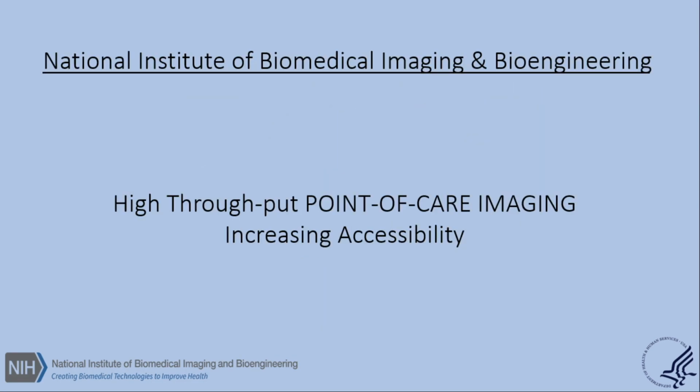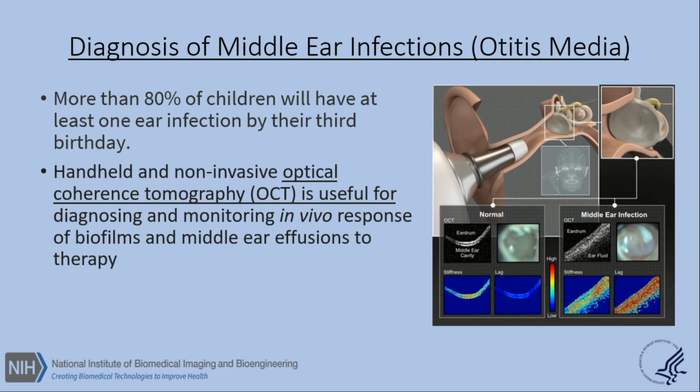Now, I'll talk a little bit. I know I'm jumping around, but purposely so, to show you the variety of things we try to do. In terms of increasing accessibility, not only for imaging, but for other systems, here we have, for example, those of you who have children know that every child gets middle ear infections called otitis media. So this is a handheld optical coherence tomography scope.